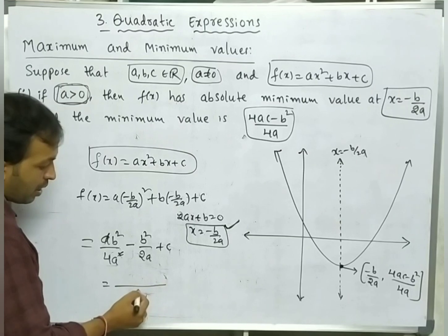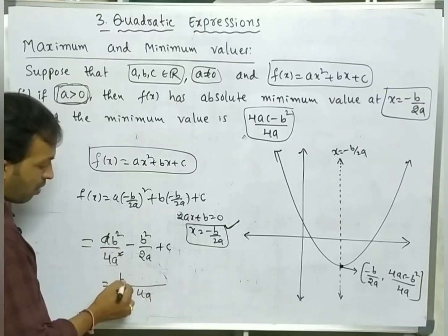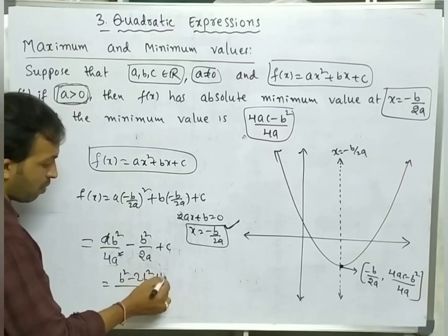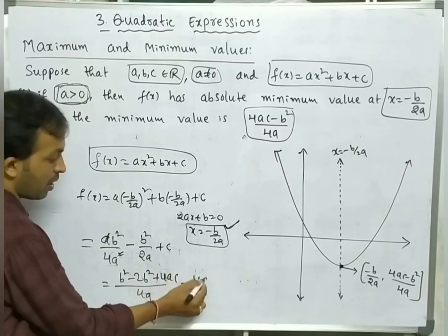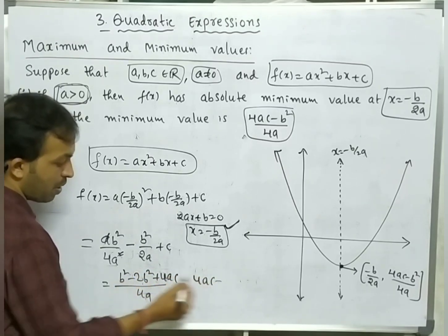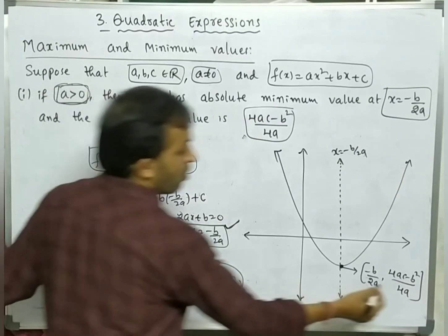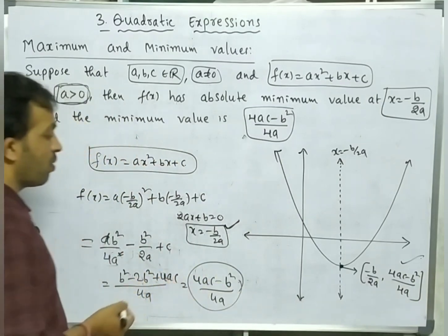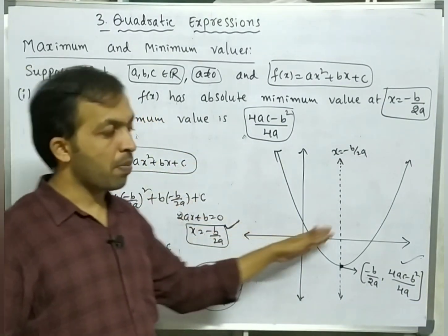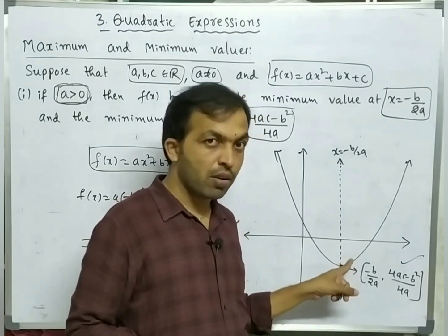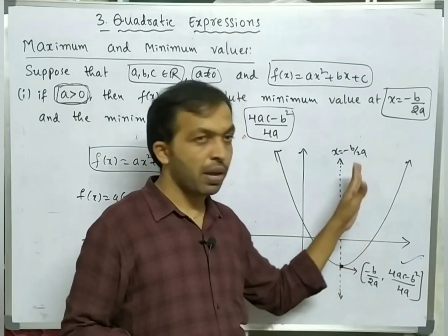Now what is the LCM? 4a. Here we have b square minus 2b square plus 4ac. So finally we will get 4ac minus b square by 4a, that is the minimum value.